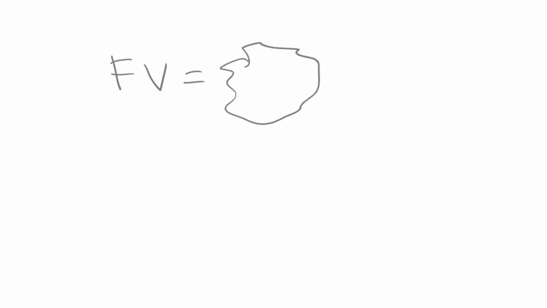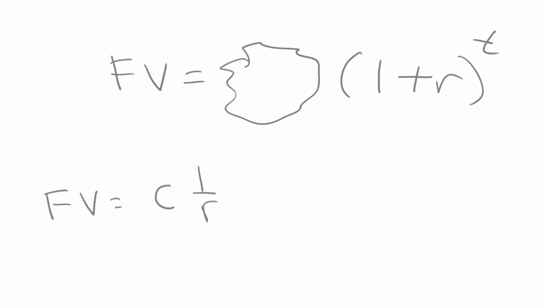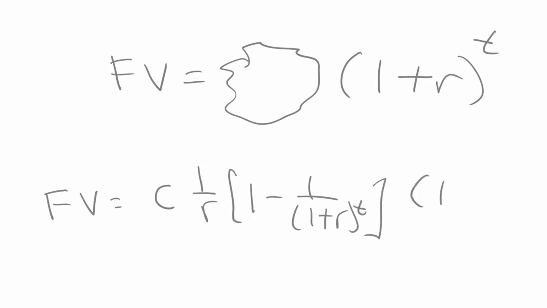Well, what we do is we take blob and multiply it by 1 plus R to the T. So to calculate the future value of an annuity, all that is needed is my present value times 1 plus R to the T. Notice this present value is what I've substituted in for blob.